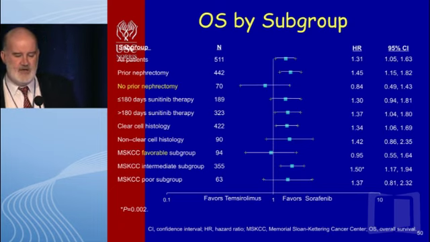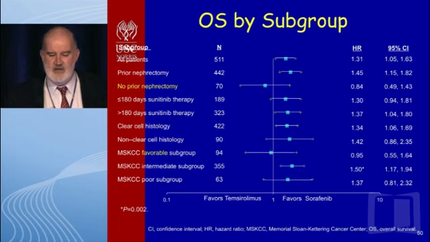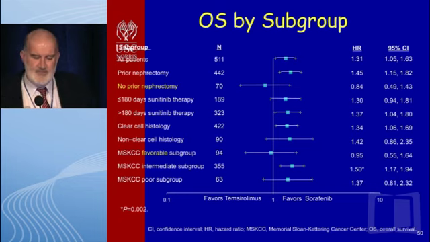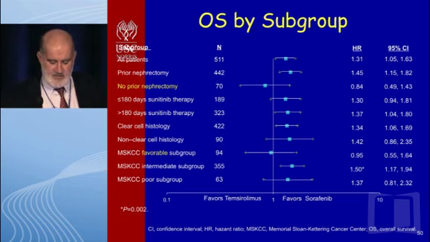Subgroup forest plots are often fascinating. These are not, except that for the no nephrectomy patients, the Toracel did a little better. The subgroups are interesting down the bottom here, and what's coming out in a series of studies is that if you look at sorafenib in the intermediate group or the ECOG 1 patients, who I don't see ECOG 0 patients very often, it's very difficult for us to beat that drug.